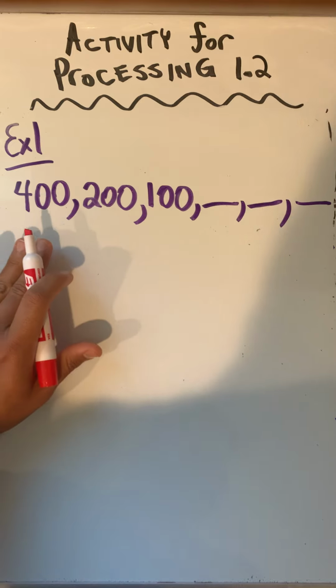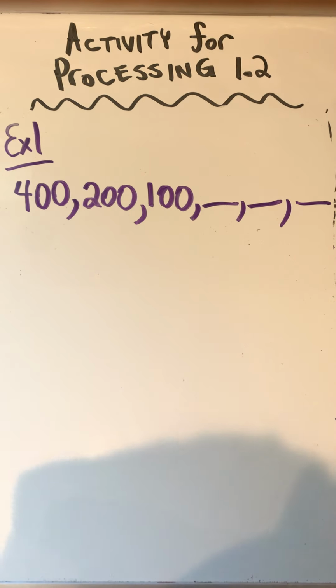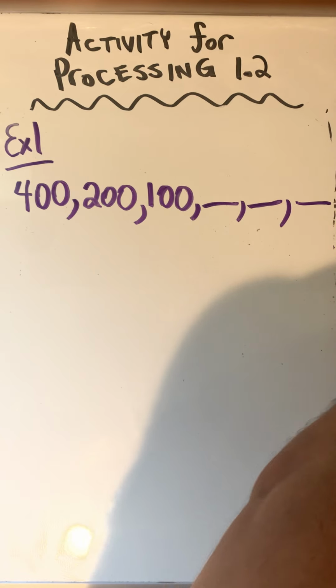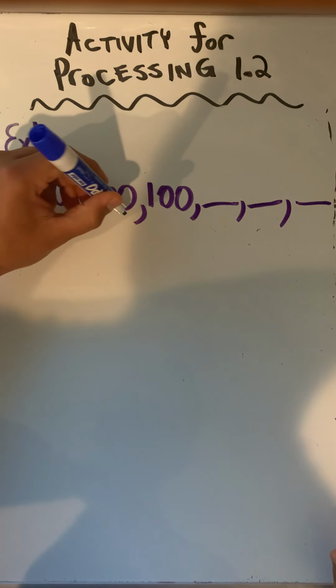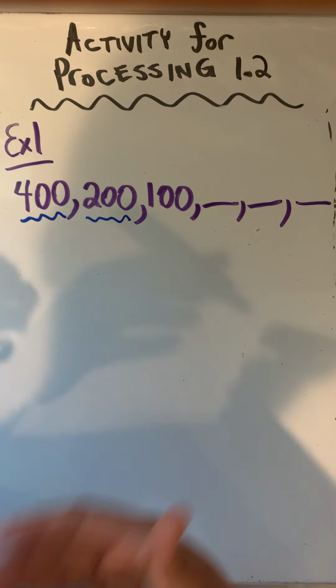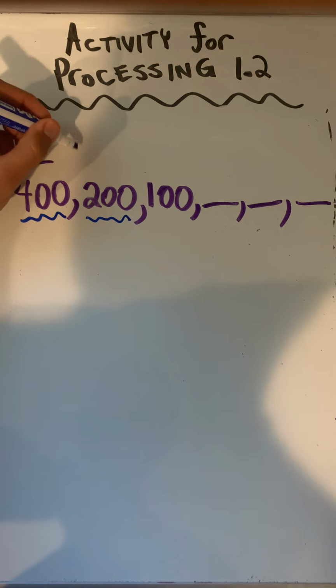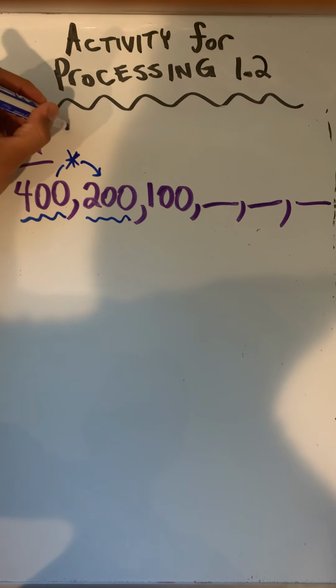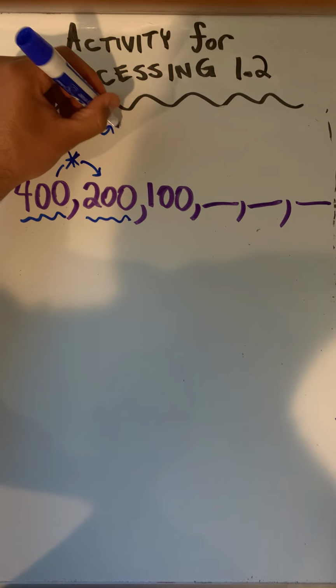Actually, I'll get into that in a moment. I'm jumping ahead of myself. So let me go ahead and do this. One thing that we can do to find the growth factor is the number that you're multiplying by. That's your growth factor.